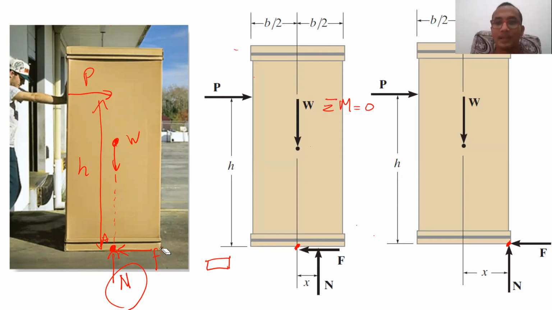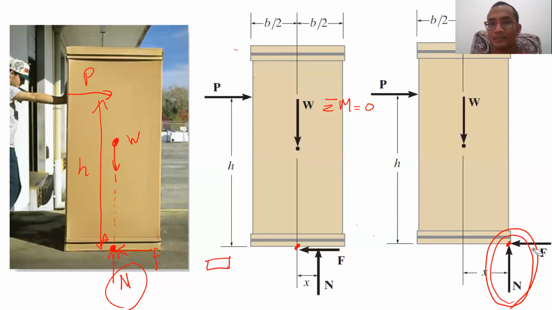Okay, and tipping happens when the normal force, okay, this is the limit of tipping. The limit of tipping happens when the normal force is on the edge like this. When the normal force is at the edge like this, this is the limit of tipping.